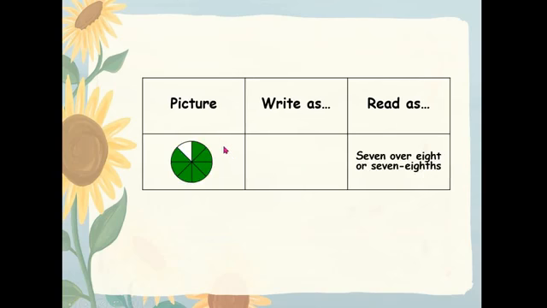This circle is divided into 8. 1, 2, 3, 4, 5, 6, 7, 8. And 7 of them are green. So the fraction of the green color is 7 over 8 or 7/8.